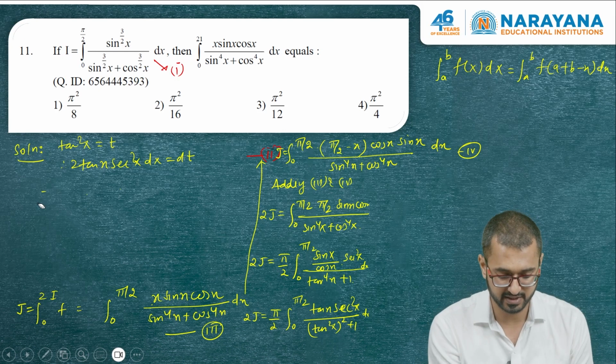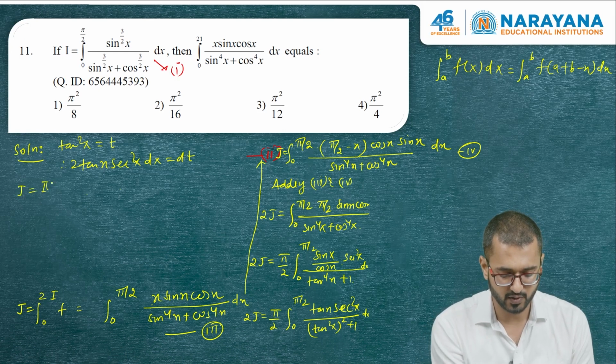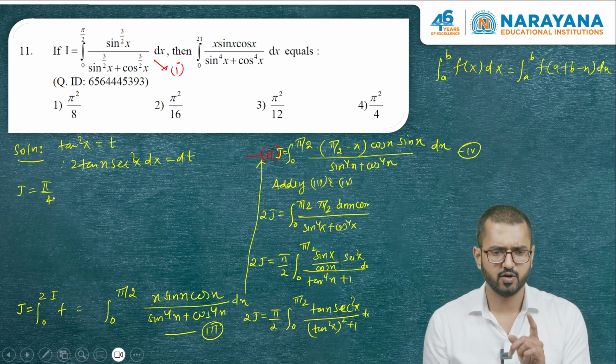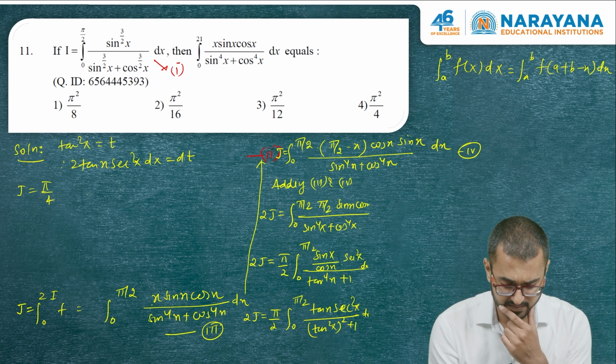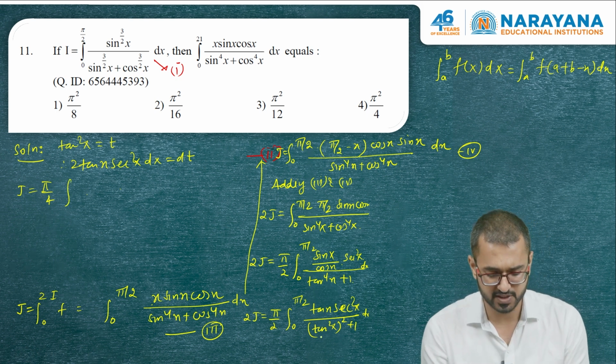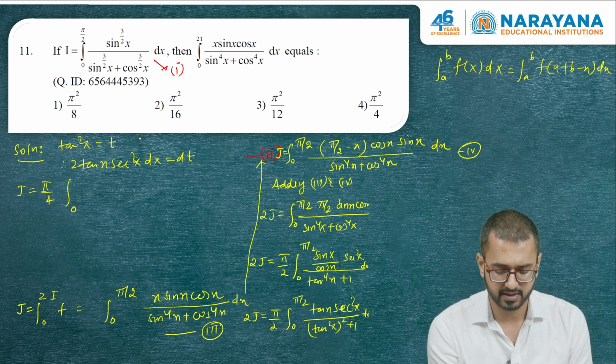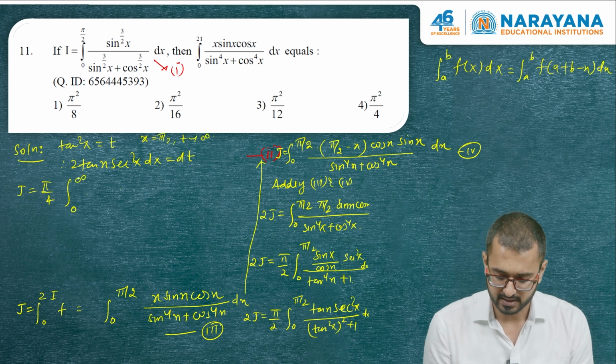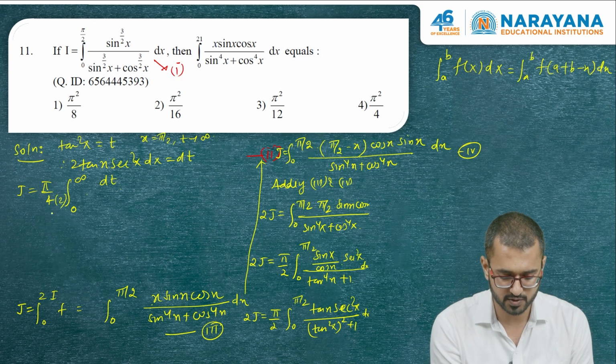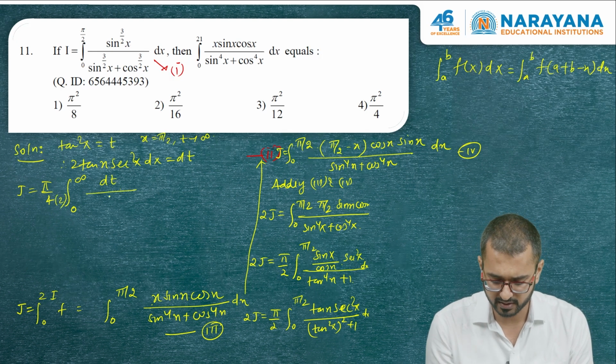Send this 2 down, so I'll be getting J equal to pi over 4. So J will now become pi over 4, and then this integration will convert to, say it is from 0, so 0 itself, but when x is equal to pi by 2, t will go to infinity. So this will become infinity, and the numerator part is simply dt over 2, so this 2 will also come, and then over 1 plus t square.